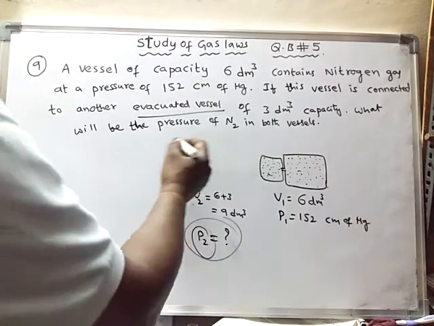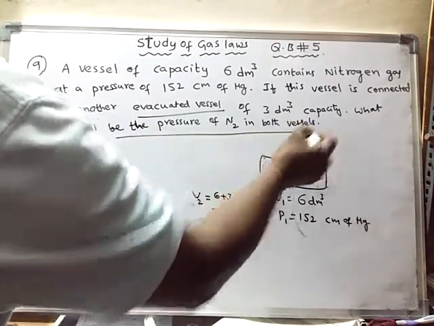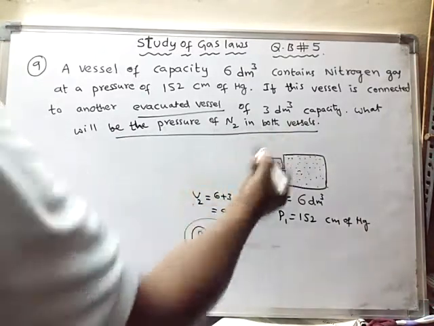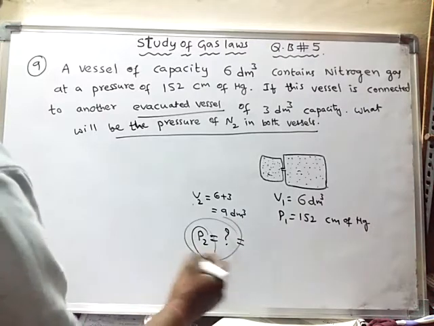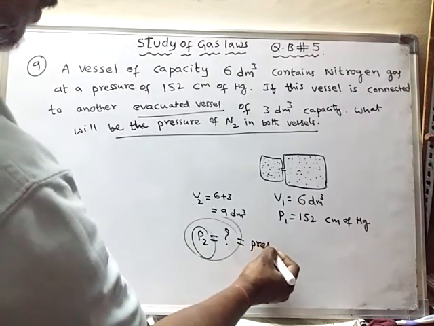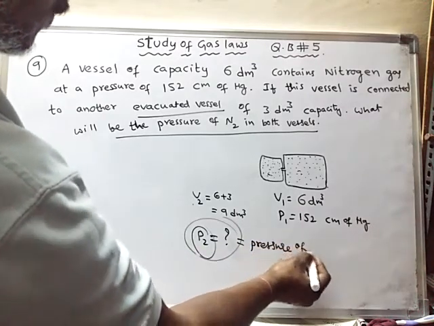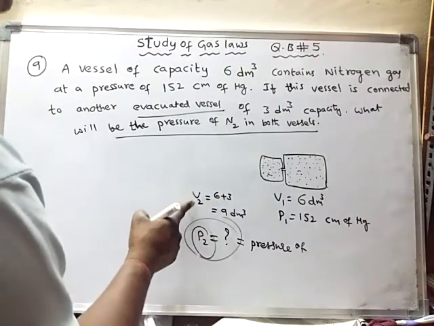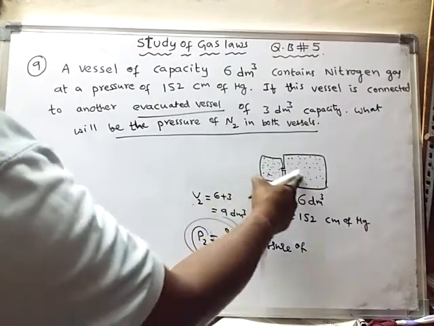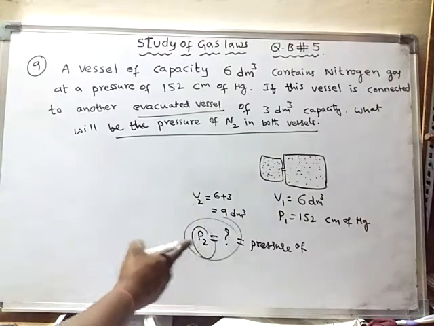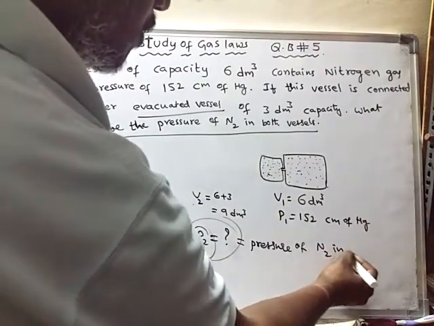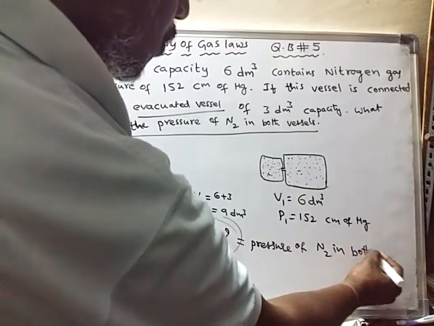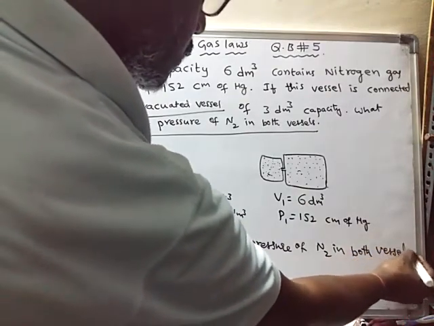So how to find the pressure of nitrogen in both vessels? The pressure of nitrogen in both vessels is nothing but P2, the new pressure, because V2 is nothing but the volume of nitrogen in both vessels. Hence pressure P2 is the pressure of nitrogen in both vessels.